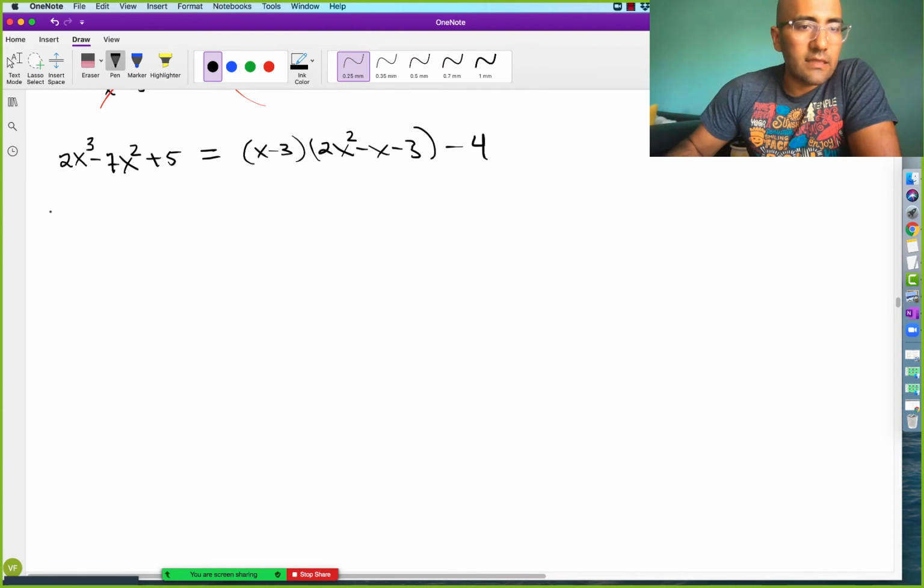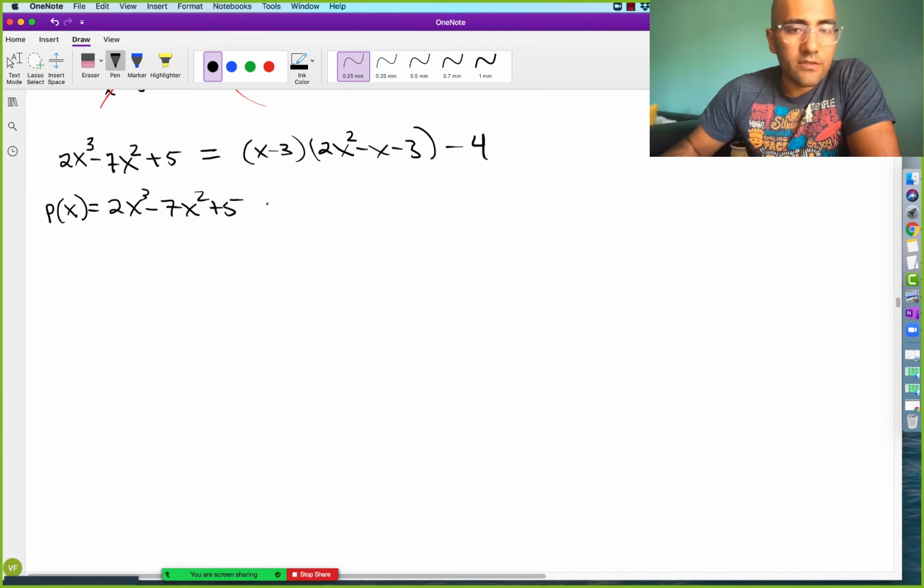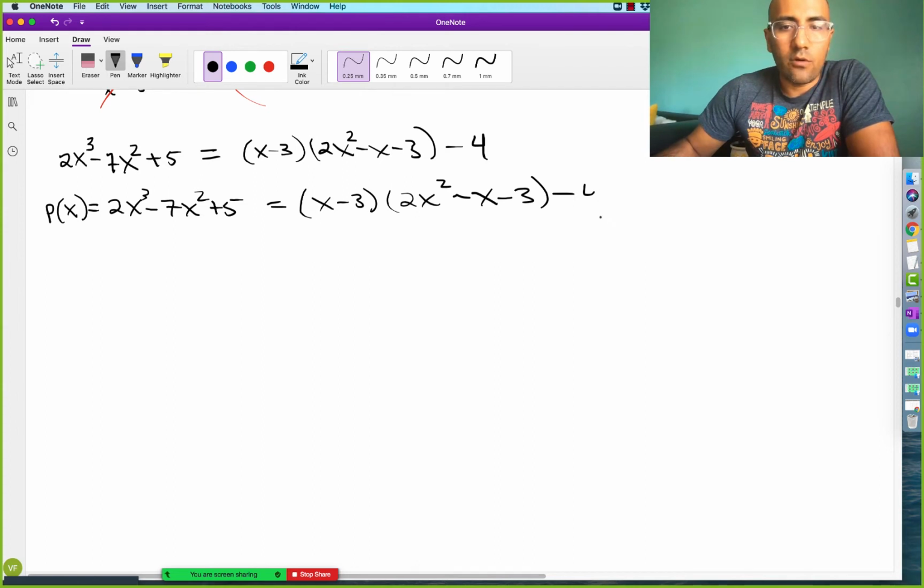So this is saying that this polynomial, p of x, is equal to 2x to the third power minus 7x squared plus 5. But I also know that this polynomial is also equal to this polynomial product, x minus 3 times 2x squared minus x minus 3, minus 4.